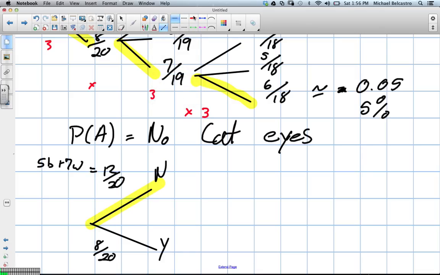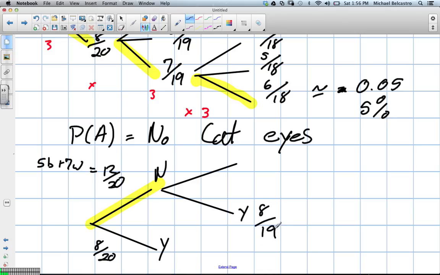Okay. Then route 2. Well, we have choices again. We either yes, grab a cat eye, which is we never grabbed one first, so we still have 8 choices, but the amount has decreased in this question. Or we have an 11 out of 19 chance, right? And that's the route we want to take again.